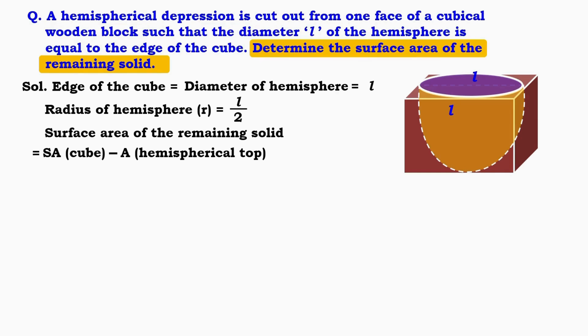So we need to subtract the area of the hemispherical top, that is the circular one. Along with that, we also need to consider the curved surface area of the hemisphere, because that is cut out. So that is going to be the surface area. So the curved surface area of the hemisphere. So this is the surface area of the remaining solid.